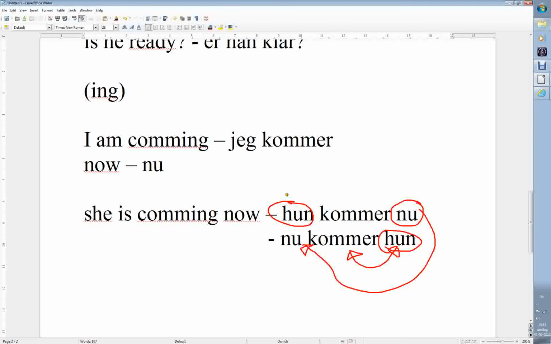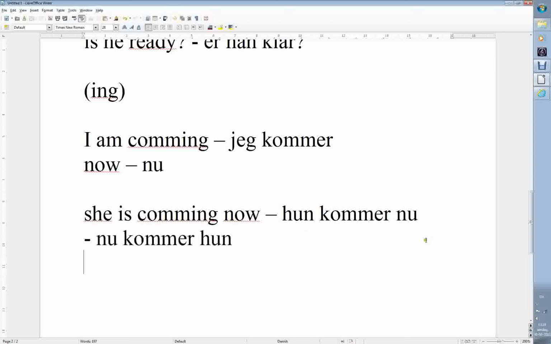So the first one is like in English except for the ing form. And when you put the now here, then you have to swap the order. Hun kommer becomes kommer hun. So that's another possibility. But for the sake of clarity, now you know that it's there. You can translate it like nu kommer hun, and I think it's exactly the same as the other one.